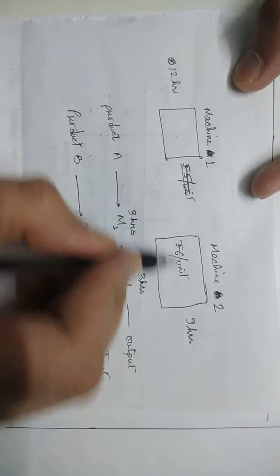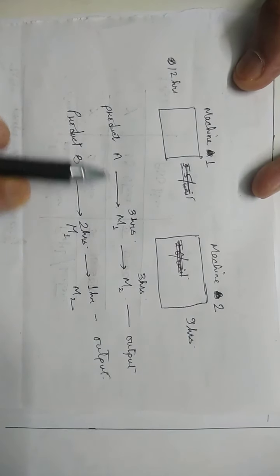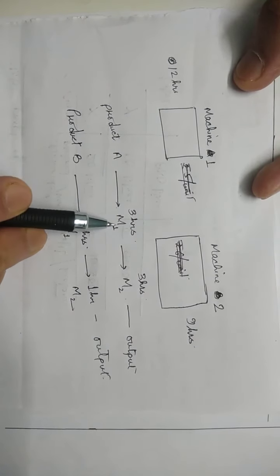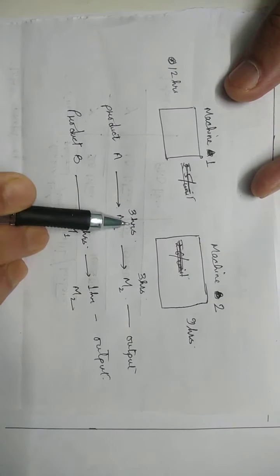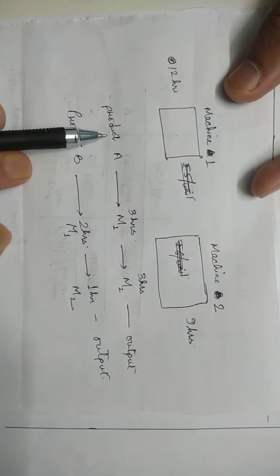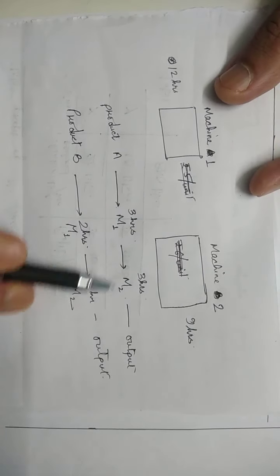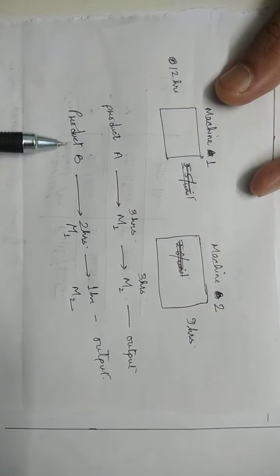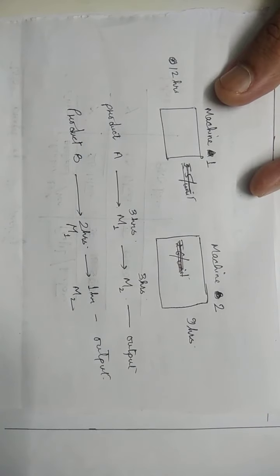Now product A has to be processed by machine 1 for 3 hours, and product A has to go through machine 2 for 3 hours to become a product. Similarly, product B needs 2 hours of machine 1 and 1 hour of machine 2.